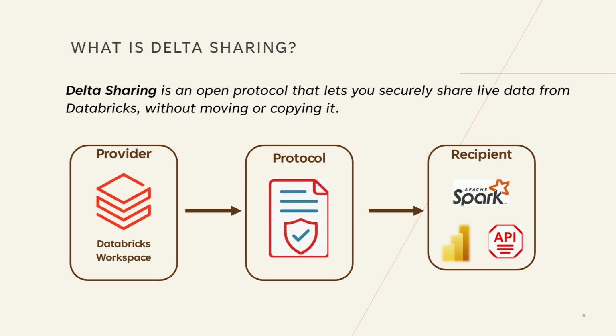That can be straight into Power BI, straight into Spark, or it can use any open API that connects to Databricks, the Databricks REST API for Delta Sharing. Of course, there are some small differences between Databricks to open and Databricks to Databricks. You might have to authenticate in different ways, and it will be a bit more manual, but it still works quite smoothly.